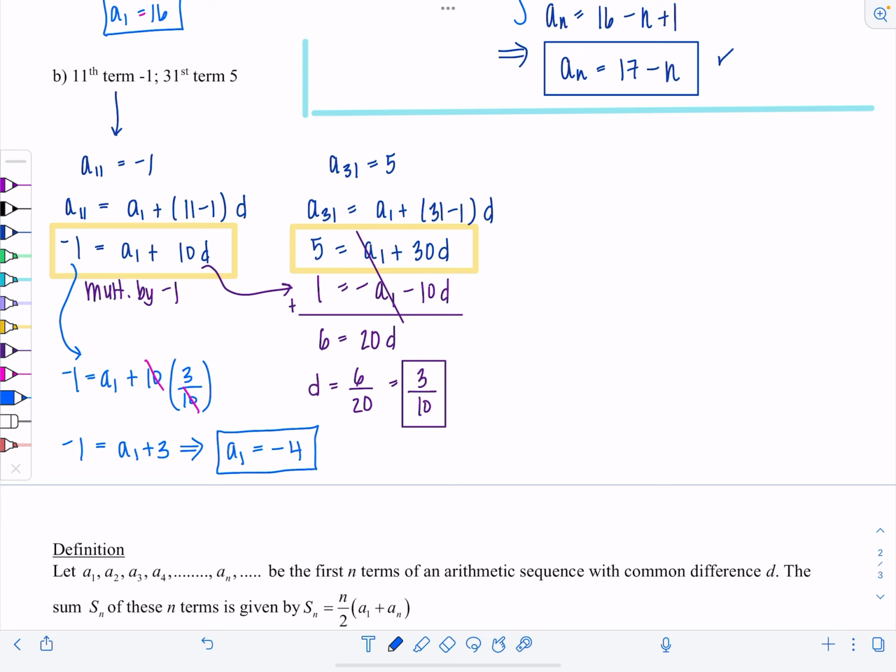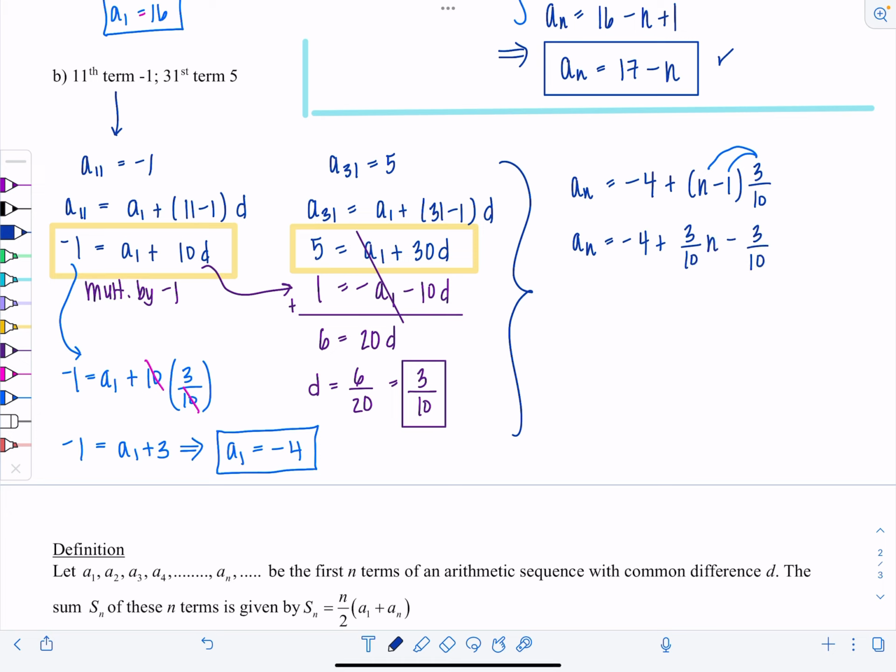All right, now we can put everything together. So our formula or rule for an is going to be as follows. So an is equal to a1 plus n minus 1 times d. d is 3 over 10. Go ahead, let's distribute 3 over 10. So then we have an equals -4 plus 3 over 10 times n minus 3 over 10.